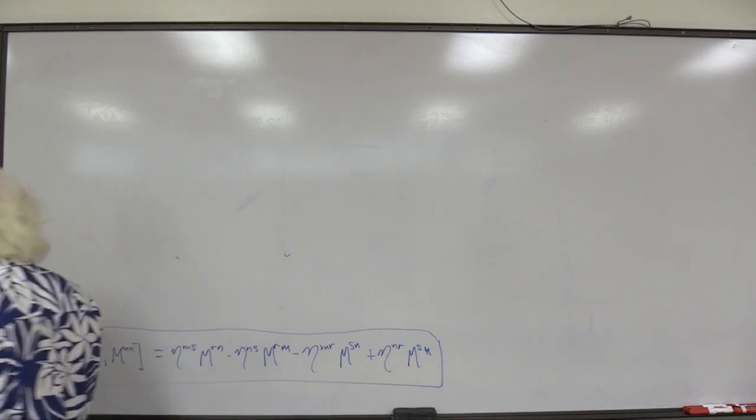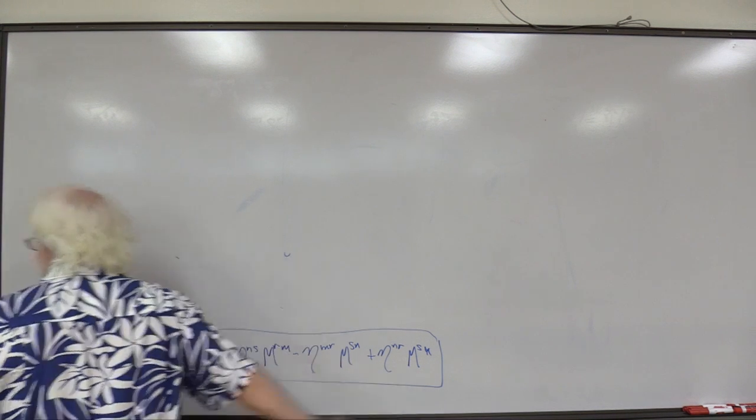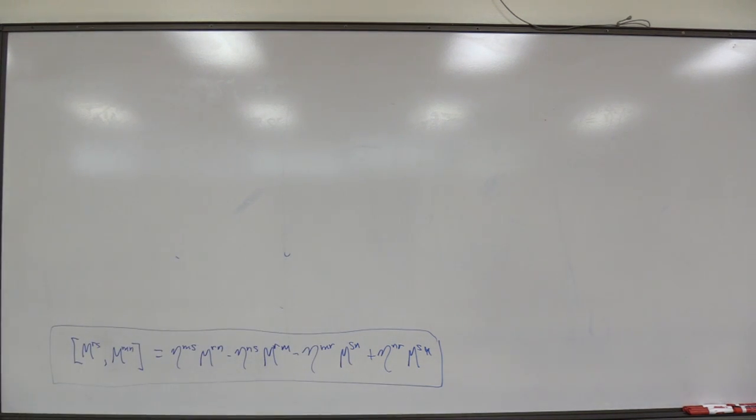Okay, so I was getting the eraser. There are two essential properties of a Lie algebra. We're talking about any Lie algebra here.